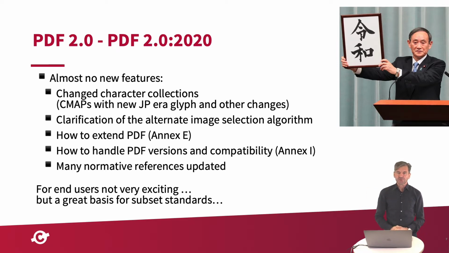Now the dated revision. The dated revision was just yet another cleanup. So really from our standpoint as a vendor, this is the best PDF specification that I have ever seen.